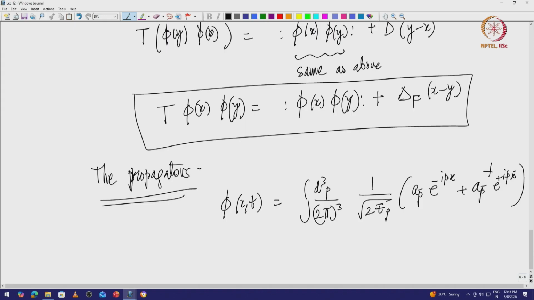Now what about an expression which does the calculation of, if you want to probe the causal structure of the theory? What is the amplitude to find it at a different point essentially?